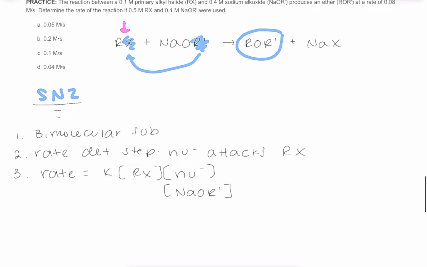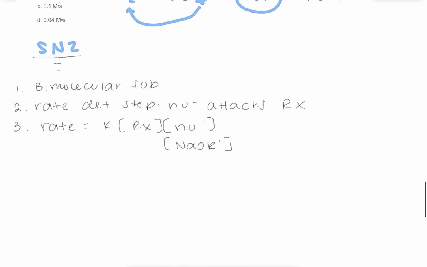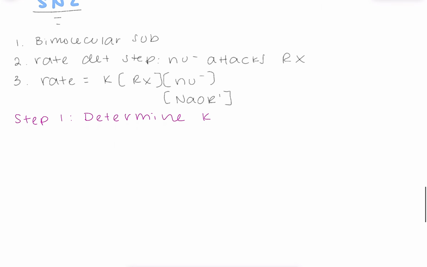In order to determine the answer to this problem, we need to follow a couple steps. Step 1 is to determine K, our rate constant. Let's review what we know from the problem. We know that the rate is 0.08 molar per second.